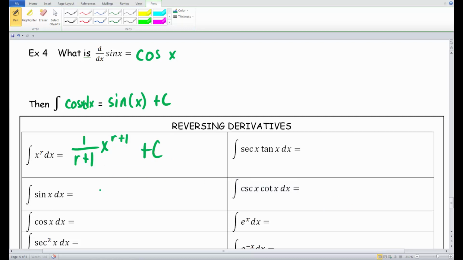The antiderivative of the sine of x comes out to be negative cosine of x plus some constant. The antiderivative of cosine of x just comes out to be sine of x. We've already seen that a moment ago. Plus c.